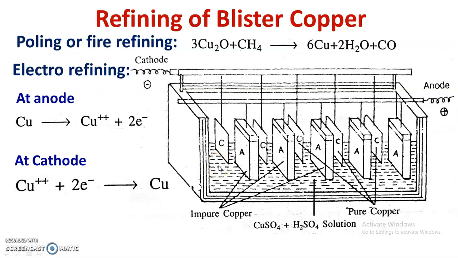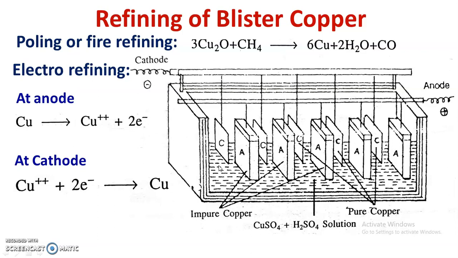And actually there is a transfer of pure copper from anode to cathode, while metal impurities like zinc, nickel, lead, iron, which are more basic than copper, pass into the solution as sulfates and are not discharged at the cathode.